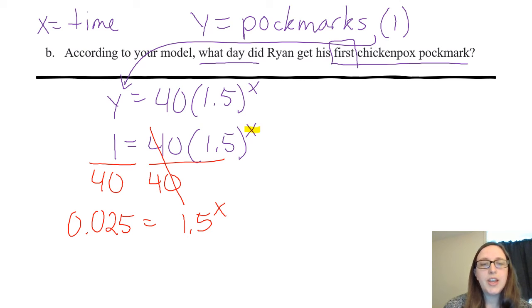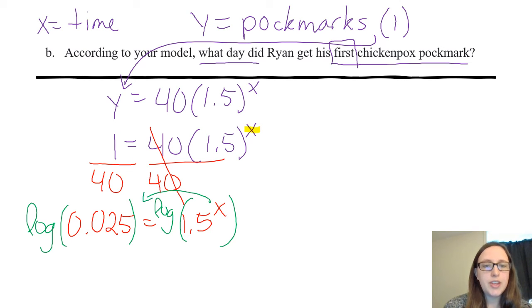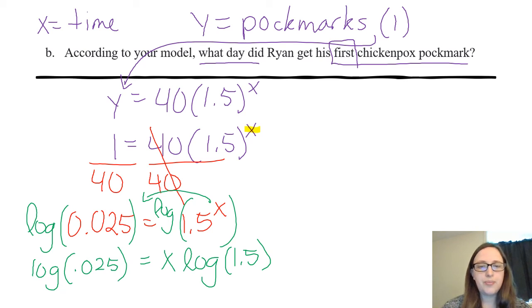So at this point, now I can put a log on both sides and then use the power property to move the x to the front of the log. So x times log of 1.5 is what I can rewrite the right side as, and log of 0.025 stays the same.